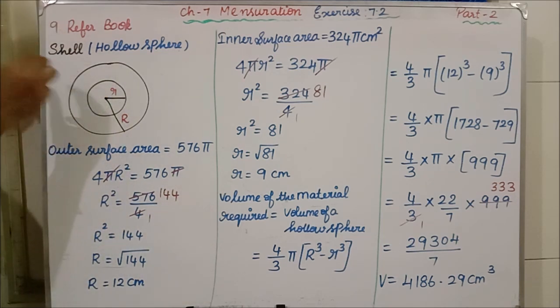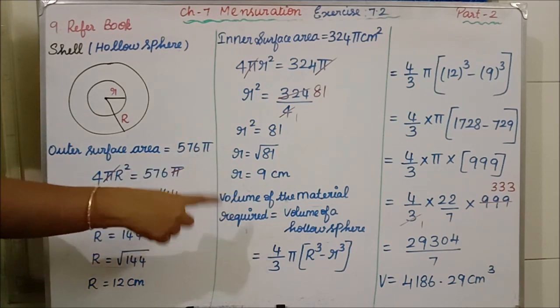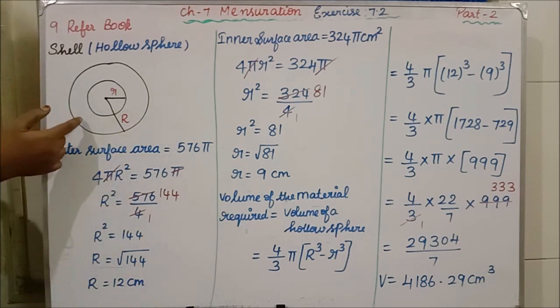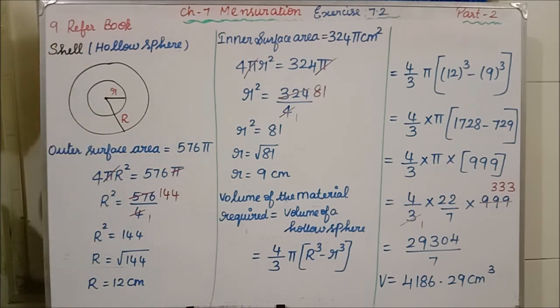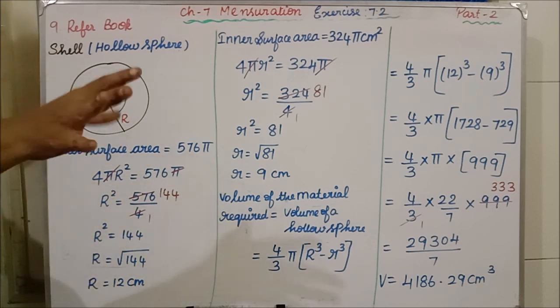So what is the volume of a hollow sphere formula? 4 by 3 pi into capital R cube minus small r cube. That is the volume of a hollow sphere formula. Students, now if you see here, whether in this question they have given capital R value? No. Whether they have given small radius, inner radius? No. Nothing they have given.